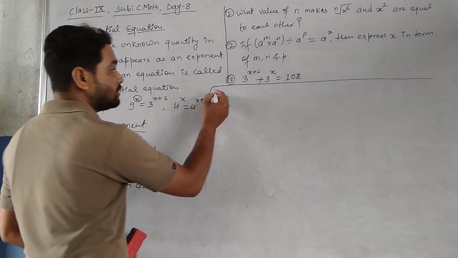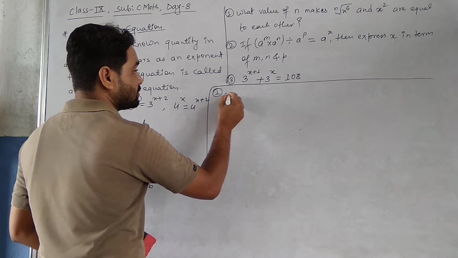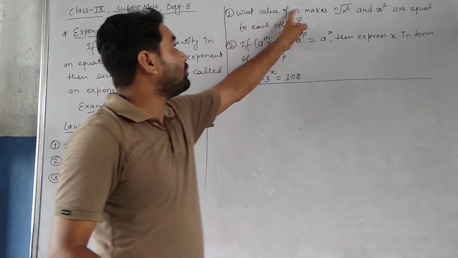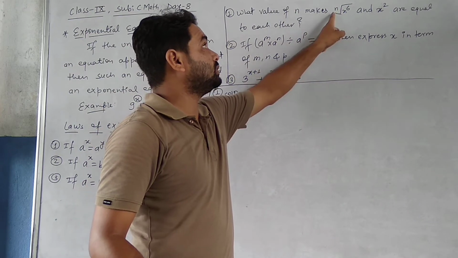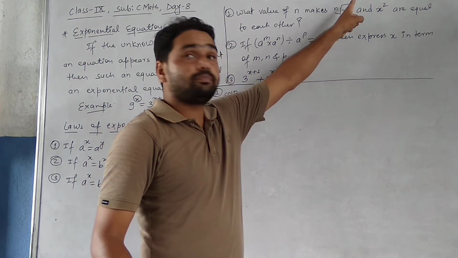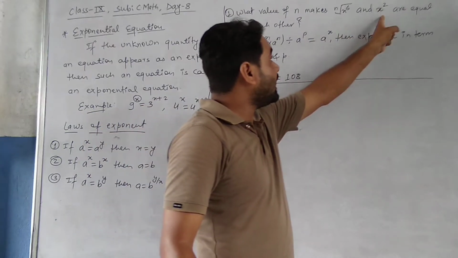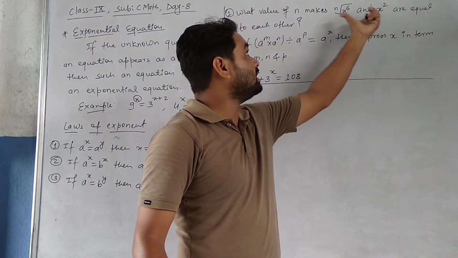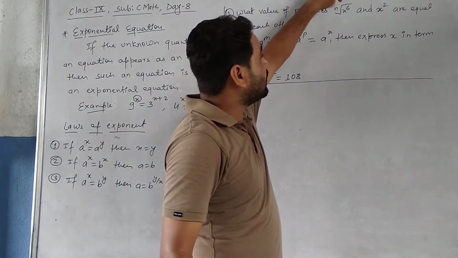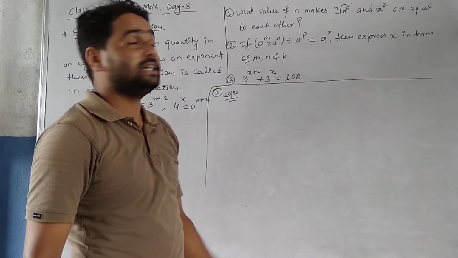Now for the first number, we are going to do the solution, and it is given there. Look, what value of n makes the nth root, where n is the order of the root, of x power 6 and x square equal? That means if these two terms are equal, then what will be the value of n?